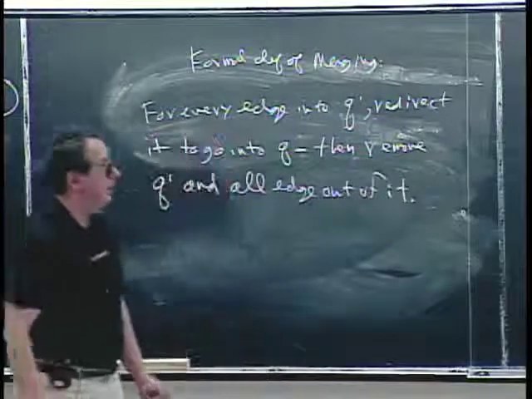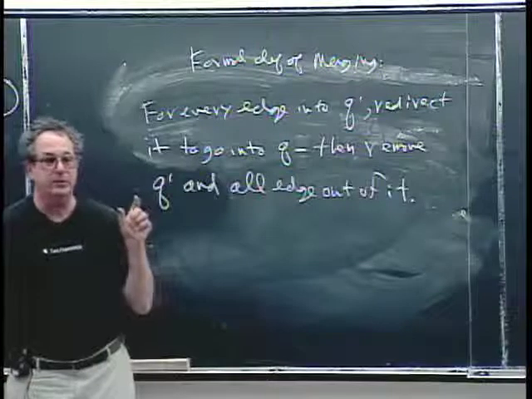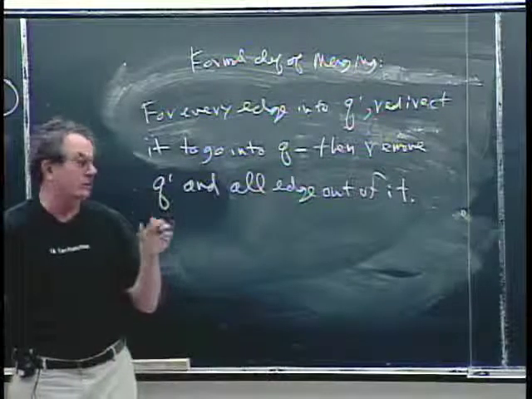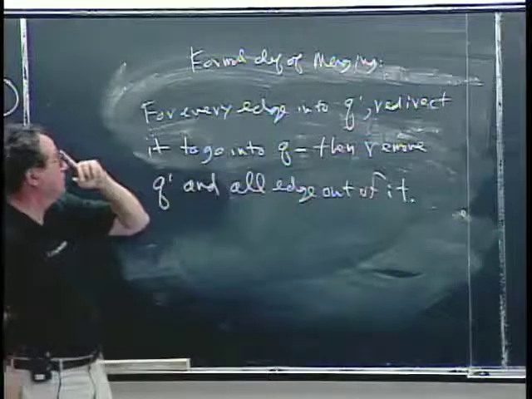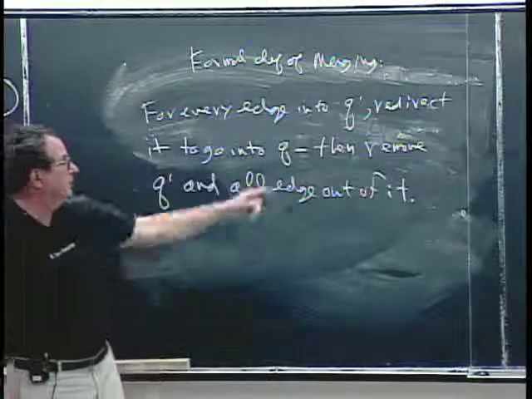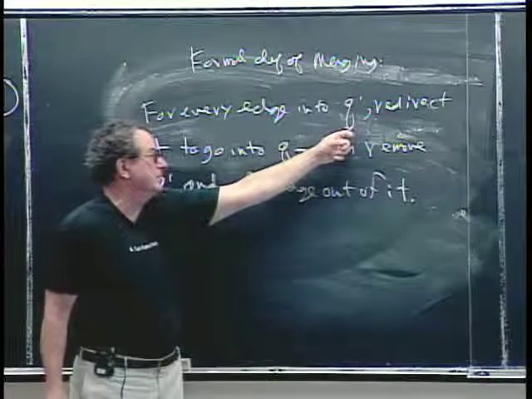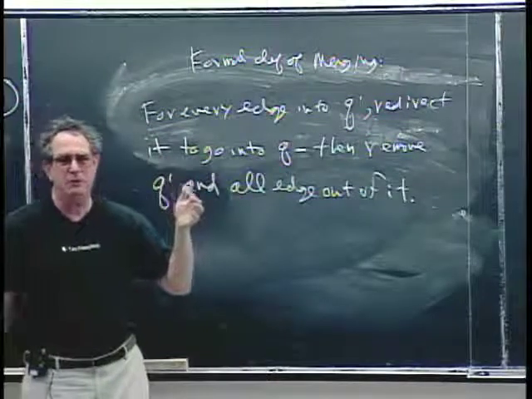Okay? Now, we started with two states, Q and Q prime, that are indistinguishable, and we're merging them. In the formal explanation for what merging means, we're redirecting all the edges that went into Q prime to go into Q. Well, which of these two states is Q prime and which is Q?